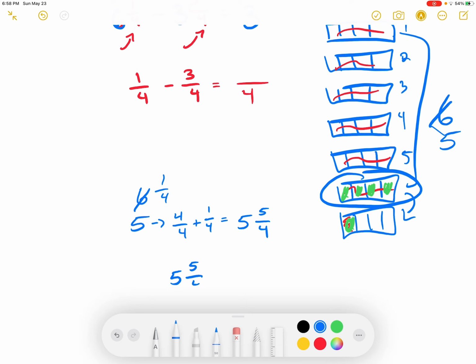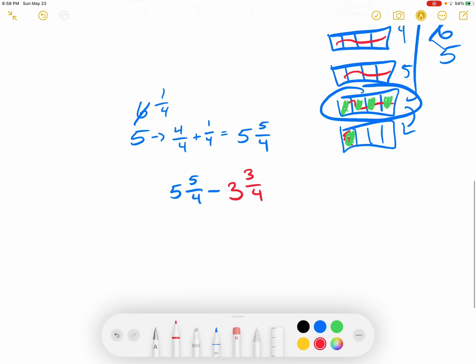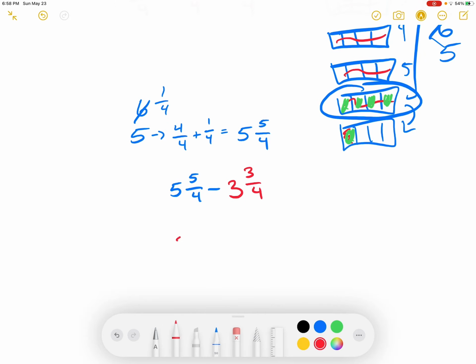And so now I can say, all right, 5 and 5/4 minus 3 and 3/4, just like borrowing. And so now I can do it. So I can do 5 minus 3 is 2. That takes care of that. 5/4 minus 3/4. 5 minus 3 is 2/4.